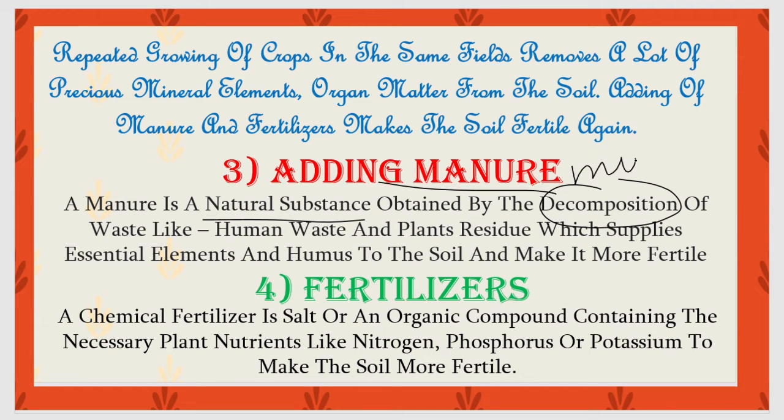The minerals of waste like human waste and plant residue are getting broken down, which supplies essential elements and humus to the soil and makes it more fertile. The decomposition is carried out by some very small organisms, and the decomposed animal and plant matter is used as the organic matter.